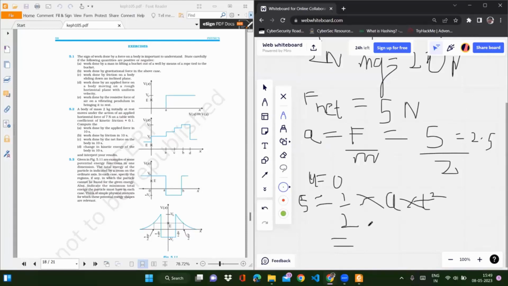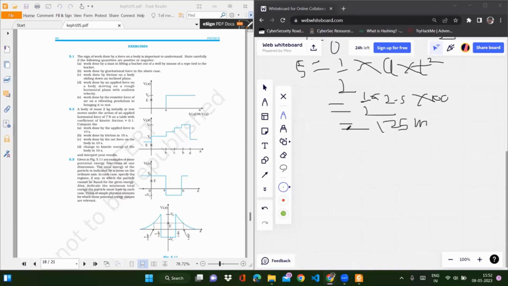It will give the displacement for 10 seconds. If we put the value half into 2.5 into 100, it comes out to be 250 by 2, that is 125 meters. So displacement will be 125 meters.